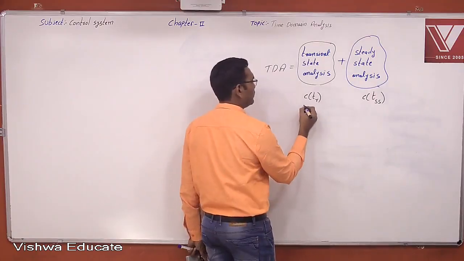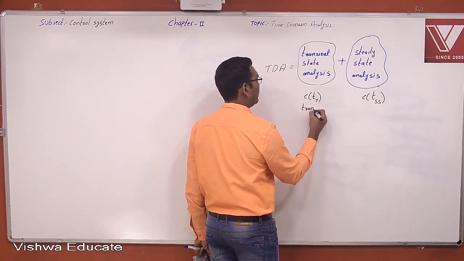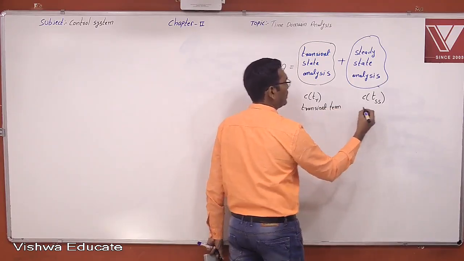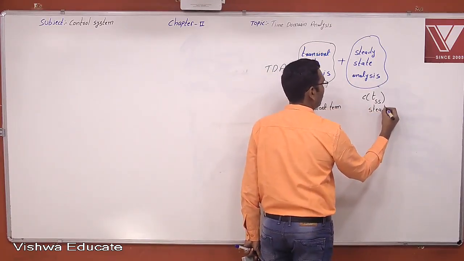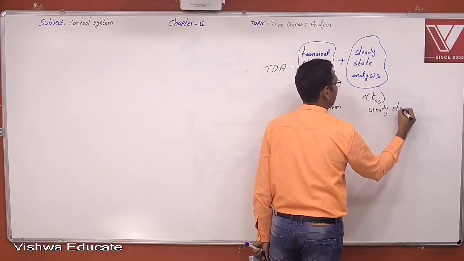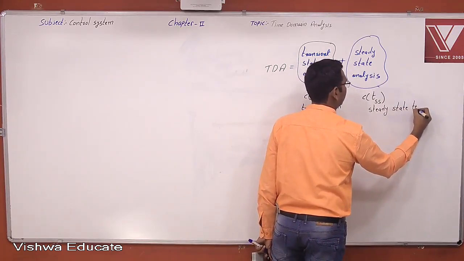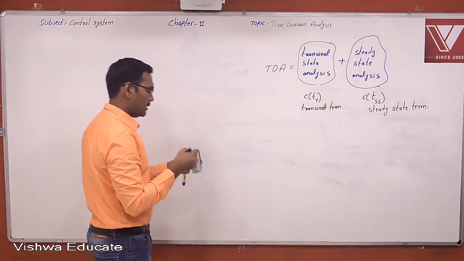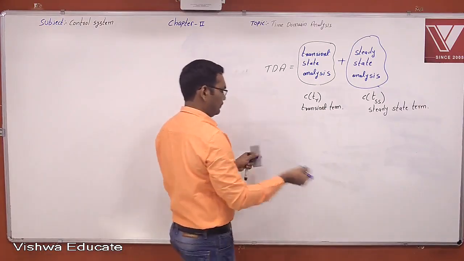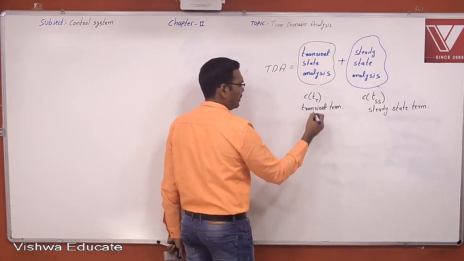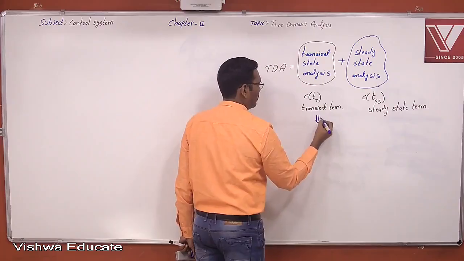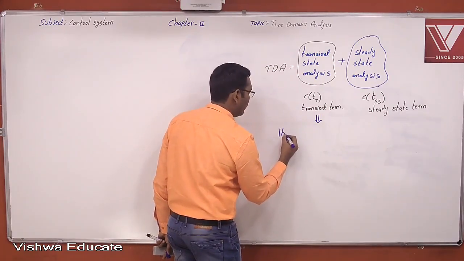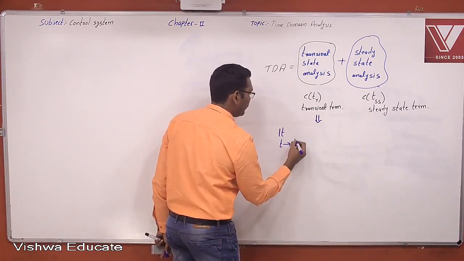Sir, how can I identify the transient term? How can I identify the steady state term? Now see, the transient term is a term whose value becomes 0 as t tends to infinity.